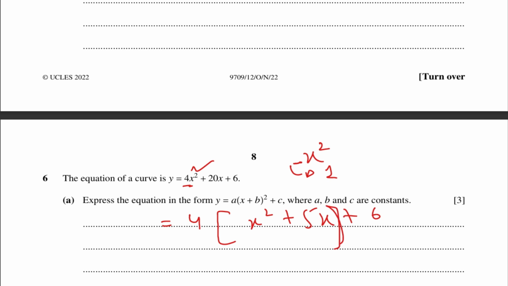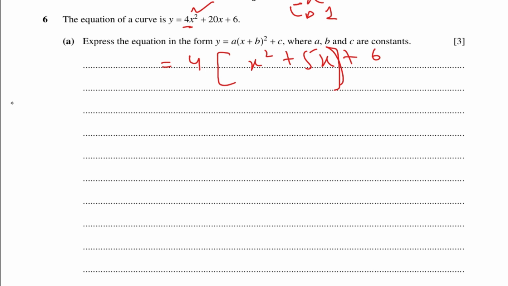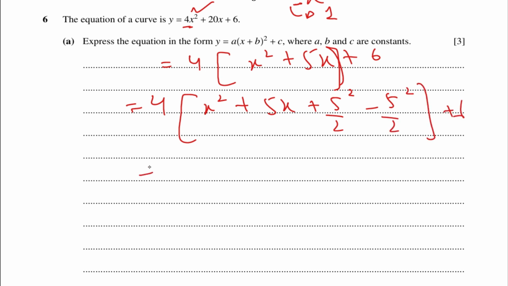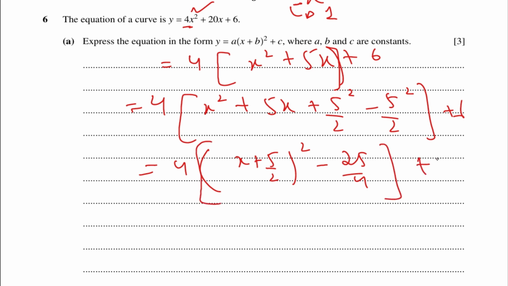We will complete the square for this expression. So in the next step, it will become 4 times x square plus 5x plus 5 over 2 square minus 5 over 2 square plus 6. After that, it will become x plus 5 over 2 square minus 25 over 4 plus 6.